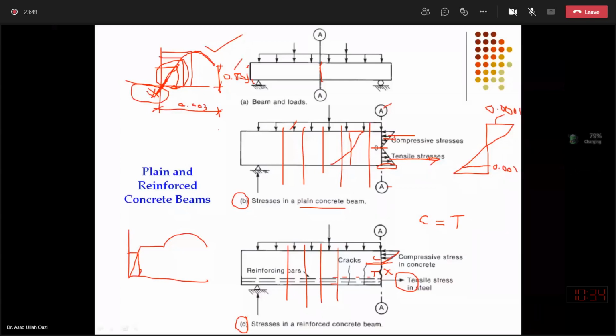But ACI has introduced one limit to apply to all concretes of normal strength, that the ultimate strain will be 0.003, and based on this ultimate strain all our calculations will be done. So corresponding to 85% of the peak for normal strength concrete, we will use the ultimate strain of 0.003. This is the fixed value by the ACI code.